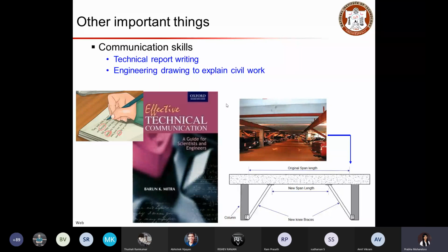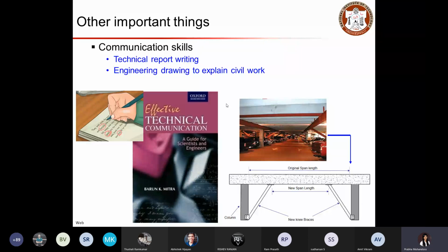Then it goes to the next stage, to condition assess the structure, and you go to the site, do the tests, and report that. And then it comes to strategy development, and you fix the strategies based on the condition and the required performance. You can plan your strategies and report what strategies you are suggesting, and the repair work will be carried out accordingly.